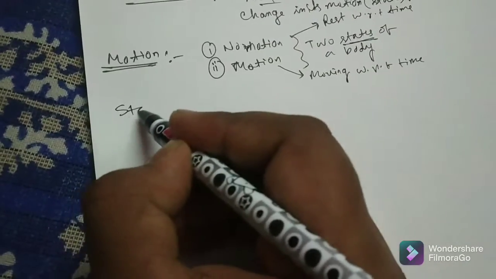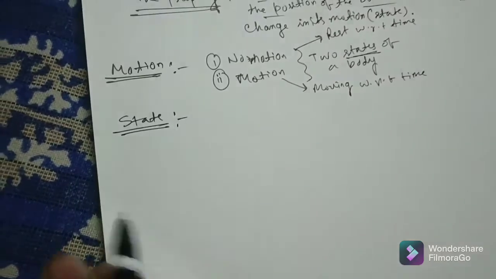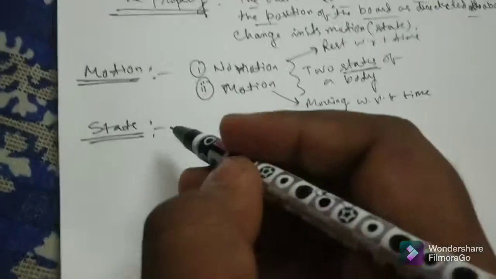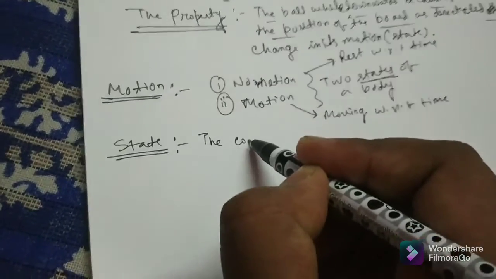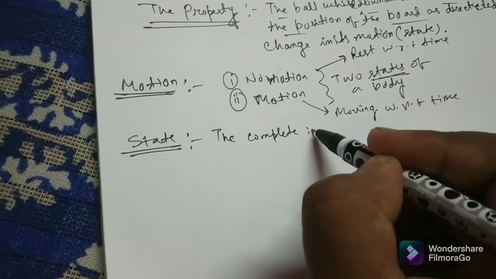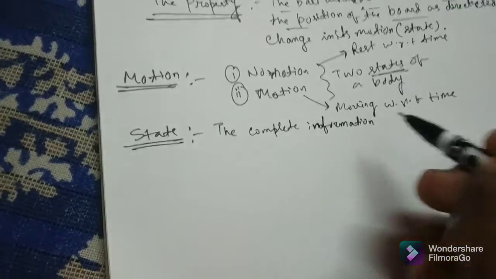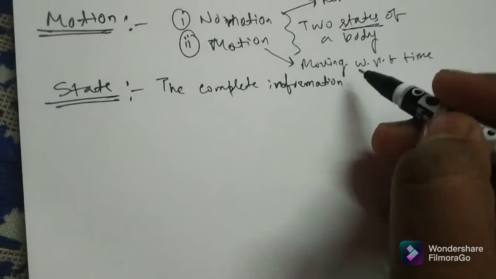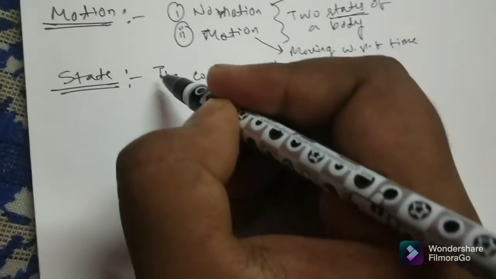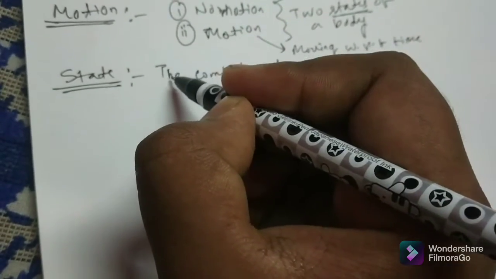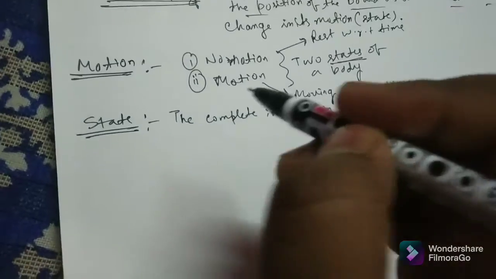State, in physics, means the complete information. This is the simplest definition that I can give, and it will make things clear. No hanky panky definitions, this simple definition only, nothing bookish.